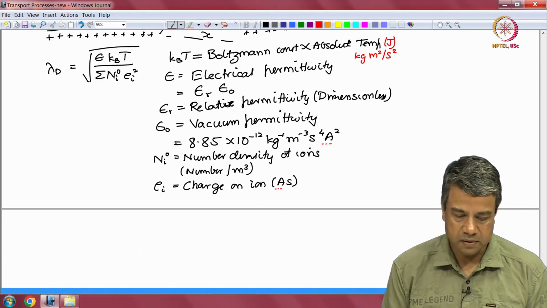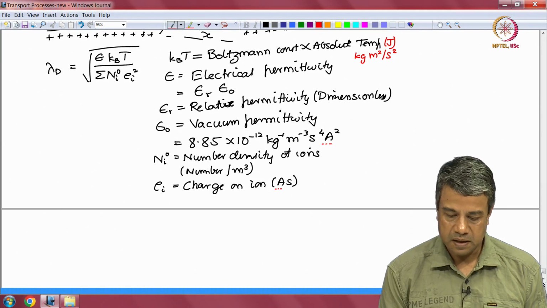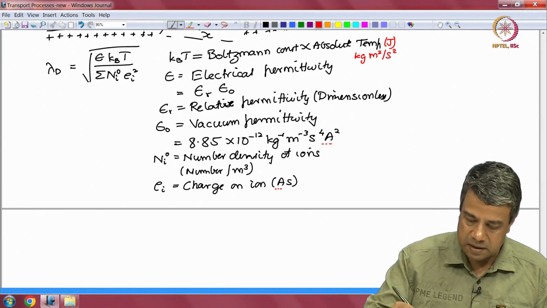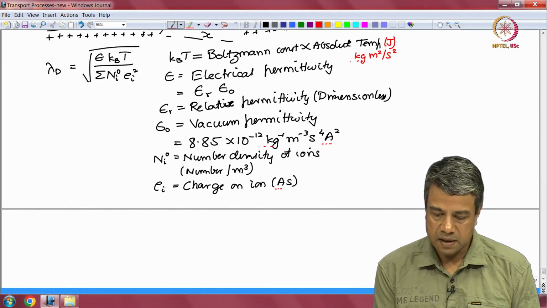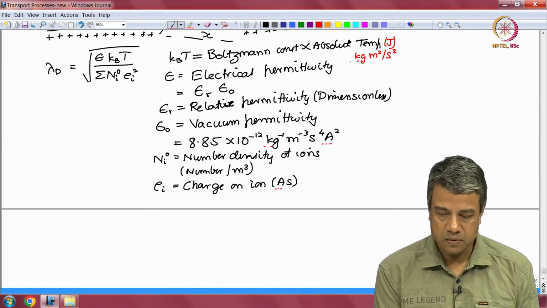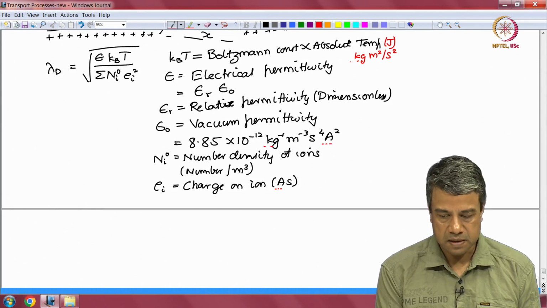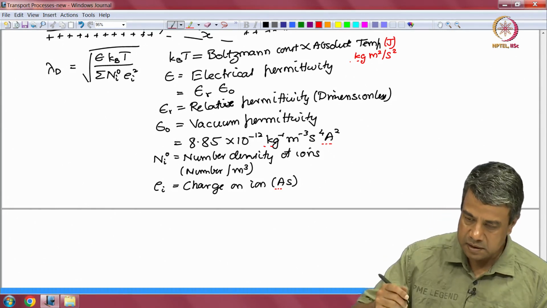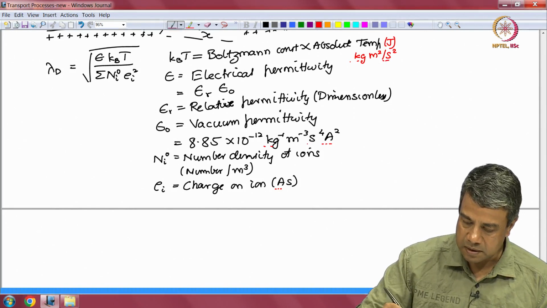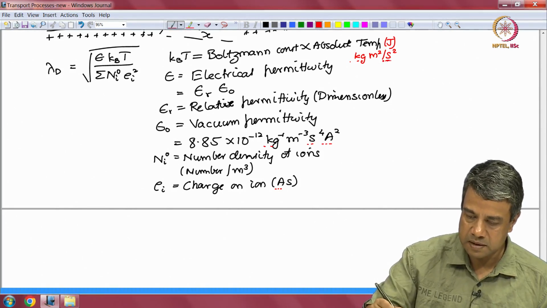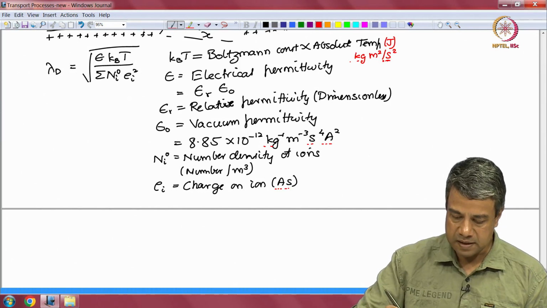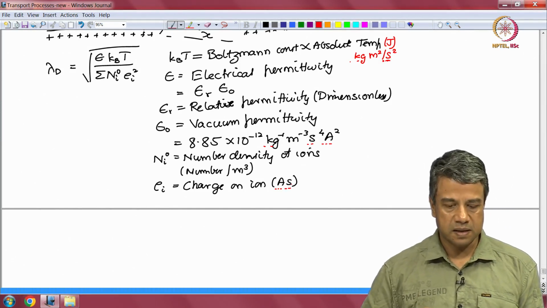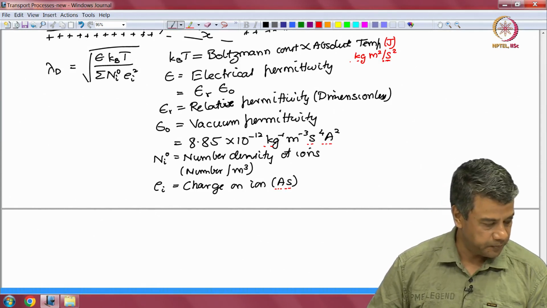So, that will cancel out, and the kg inverse in the numerator will cancel out with the kg here. Second power minus 2 in energy, second power 4 in epsilon, and I have a second square in the denominator. So, you can see that ultimately you will get dimensions of length.